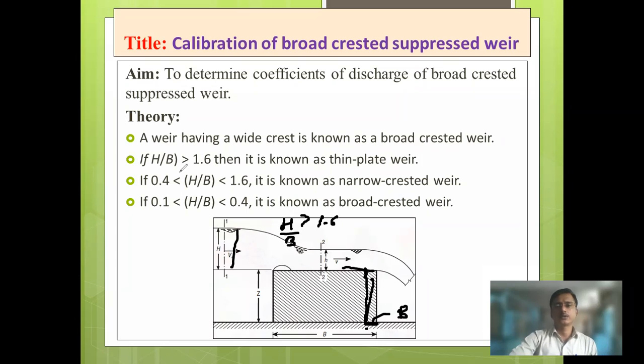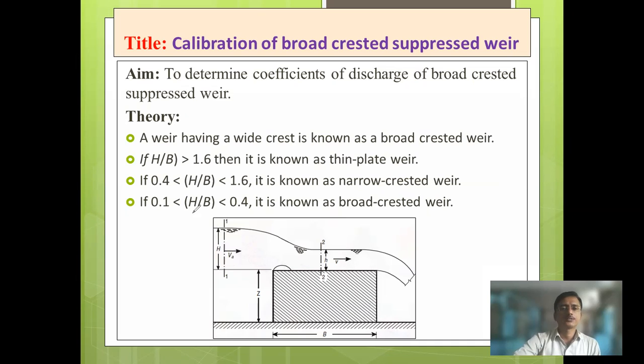Then comes the narrow-crested weir. In this case the thickness has become somewhat larger. The H by B ratio is greater than 0.4 but less than 1.6. In that case, we call the weir a narrow-crested weir.